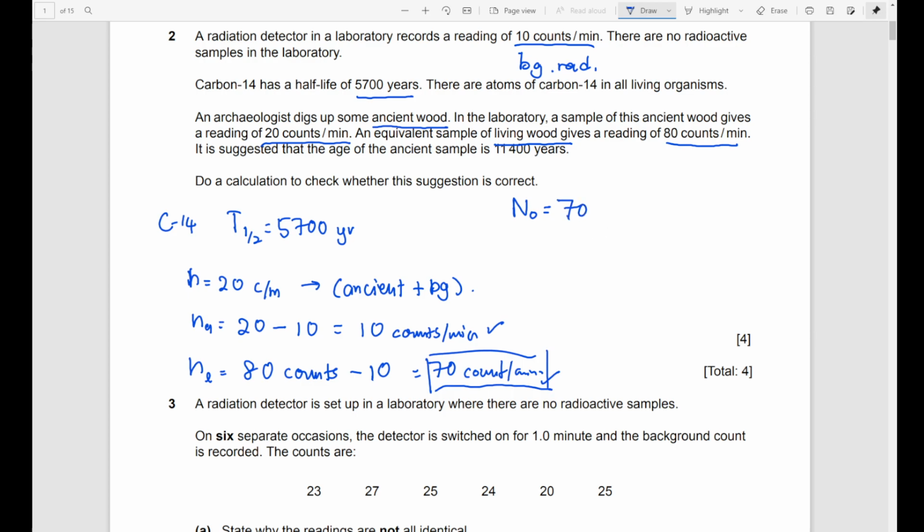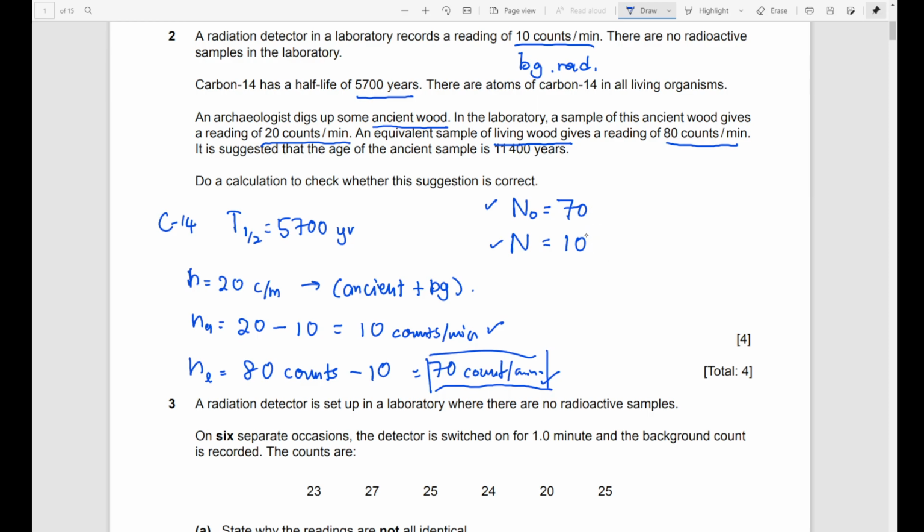And then the one after it is brought by the archaeologists, after a few years, it becomes ancient wood. So the reading is n equals 10. So you have the initial reading, and then you have the reading after a few years of decay.